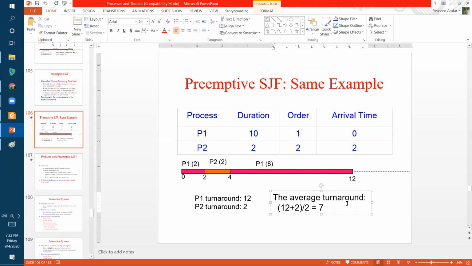If you calculate the average waiting time, you will see the same issue, because we are trying to minimize the turnaround time, so we are also trying to minimize the average waiting time.